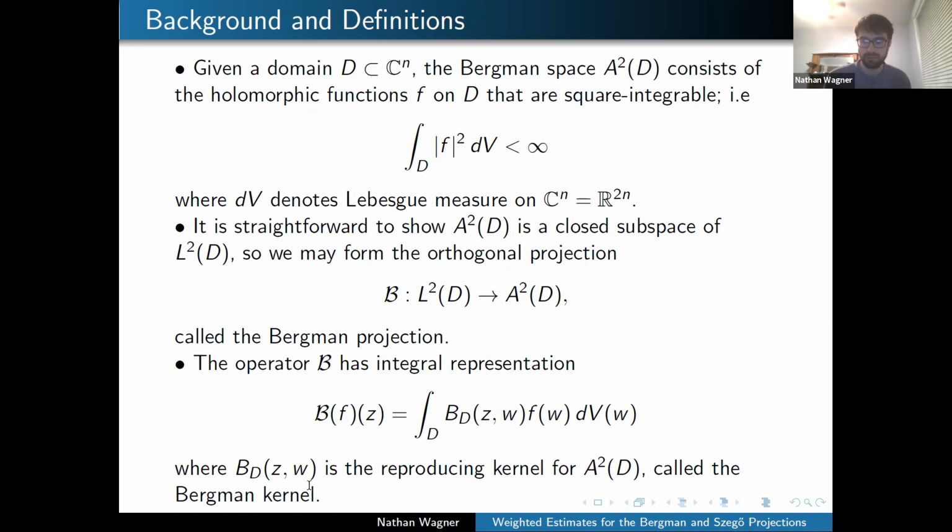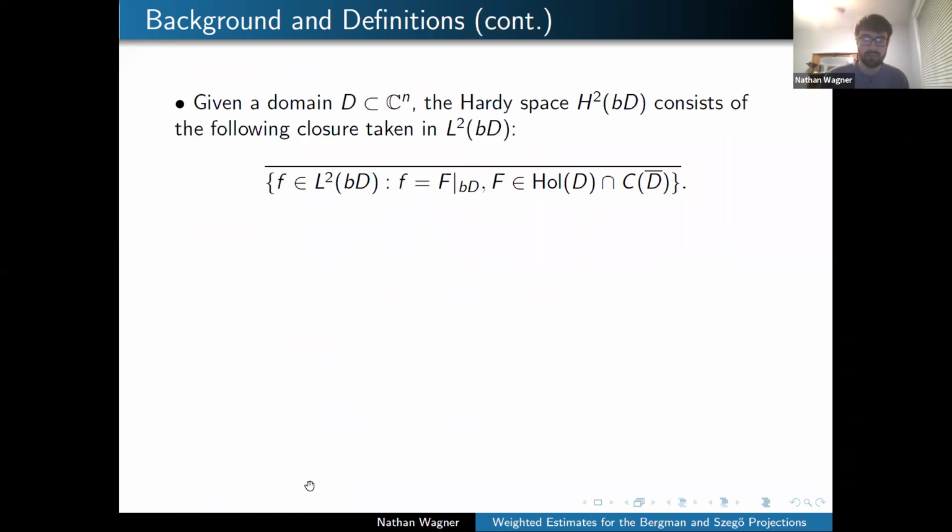Okay, so we have an operator with an integral representation, so it makes sense that we might want to apply some harmonic analysis to it. Another space that we care about is called the Hardy space, and we'll denote that by H2 of the boundary.